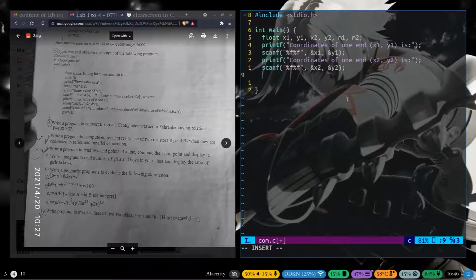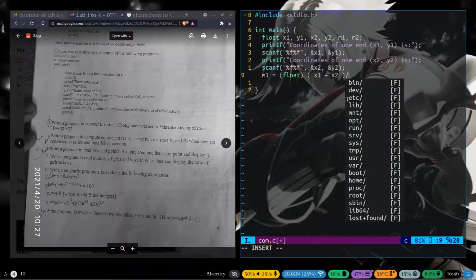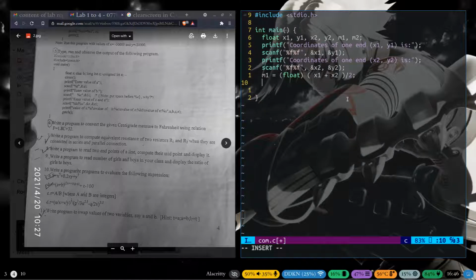Okay, so midpoint. m1 is equal to float x1 plus x2 by 2. m2 is equal to float y1 plus y2 by 2.